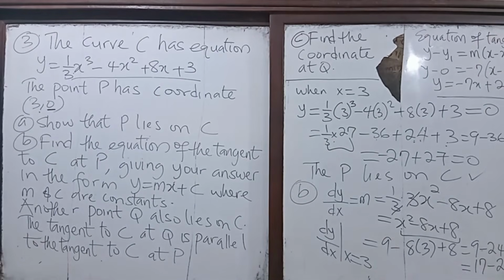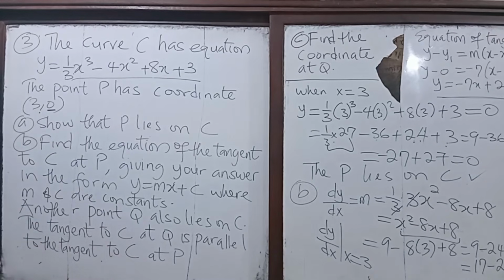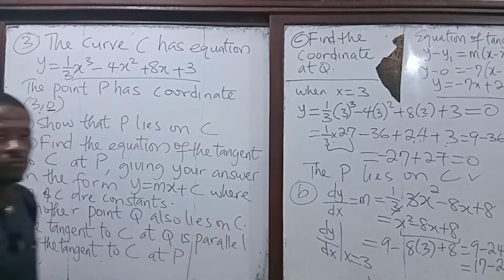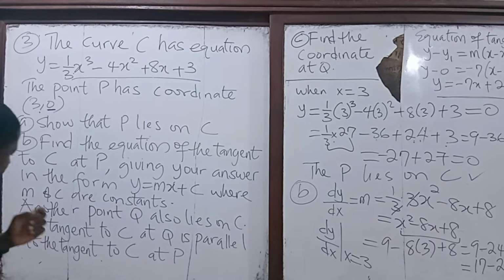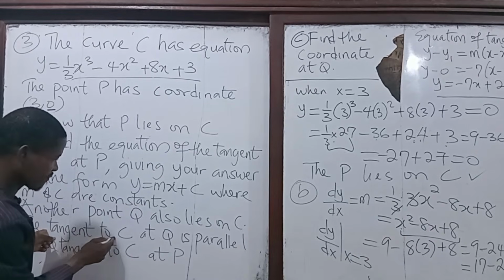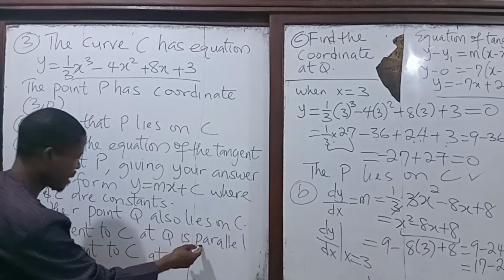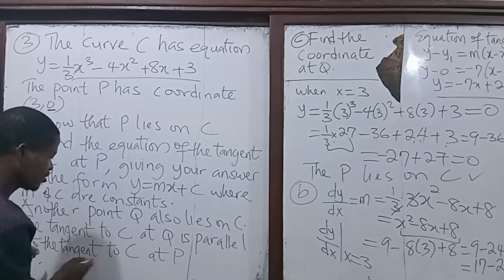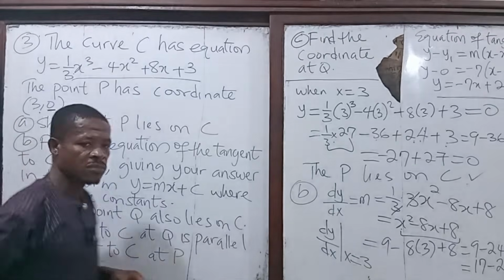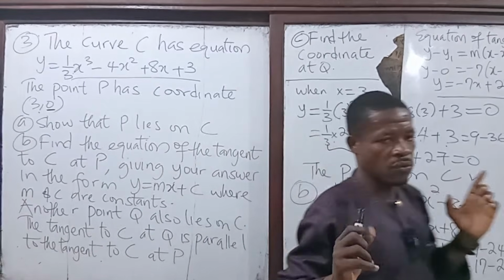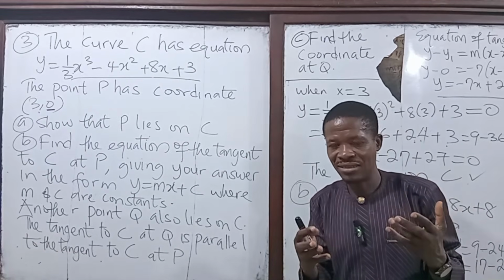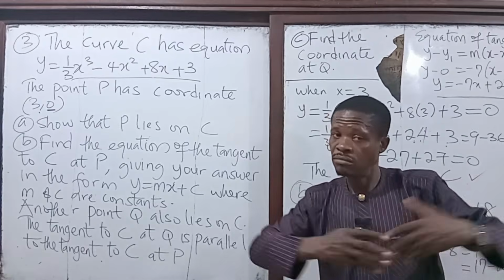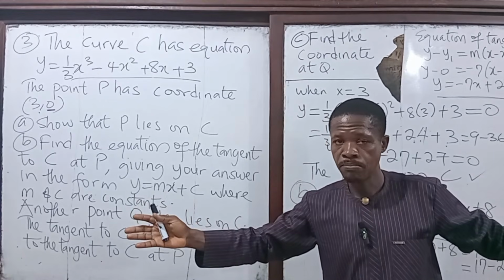Once you go to the last one, another point q also lies on c. The tangent to c at q is parallel to the tangent to c at p. First thing to note, when two lines are parallel, it implies their slopes or gradients are the same.